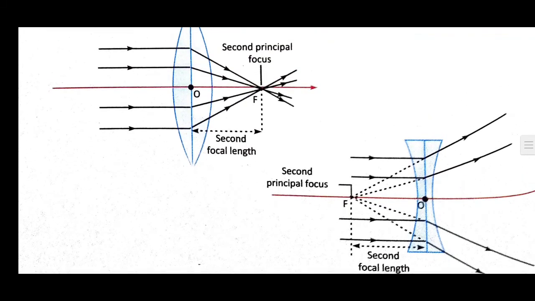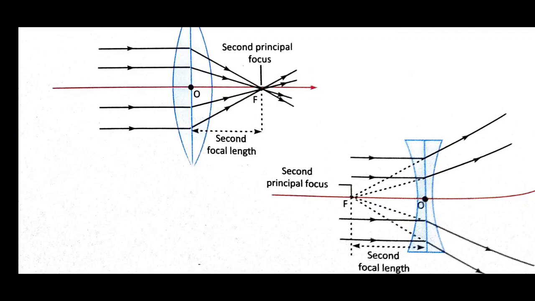So whenever you have to write the principal focus of a spherical lens, you have to draw both the images and you have to write that the rays meet really or appear to meet after refraction from the spherical lens.